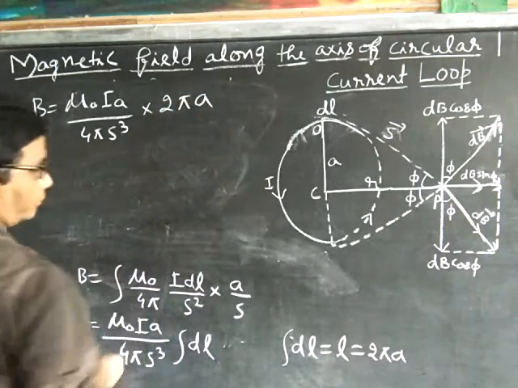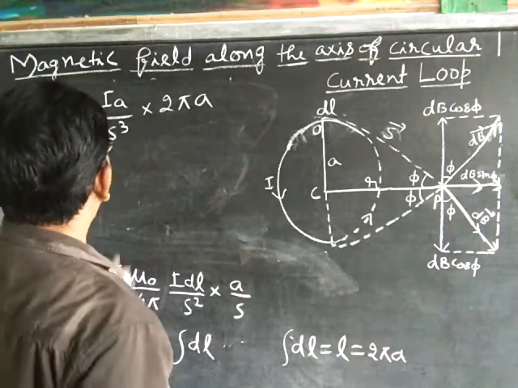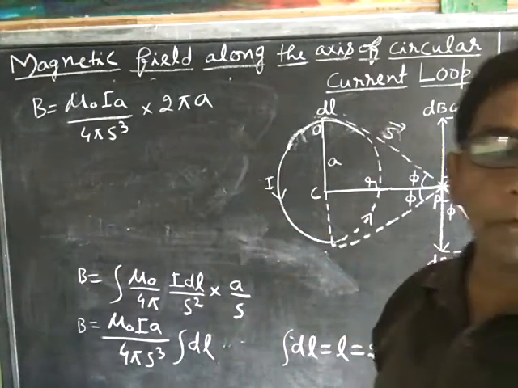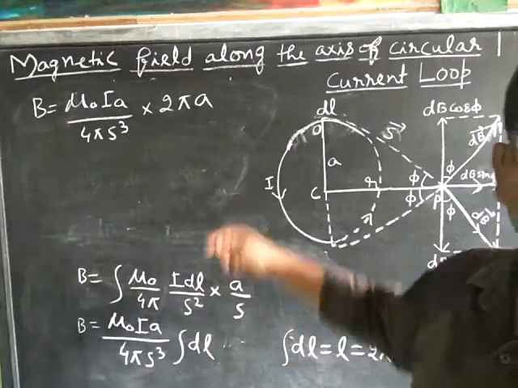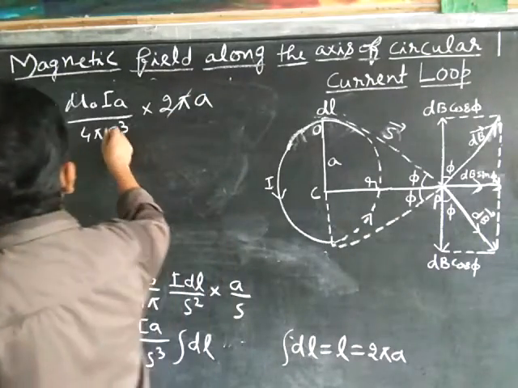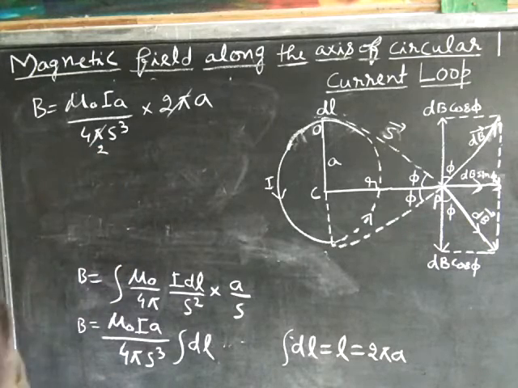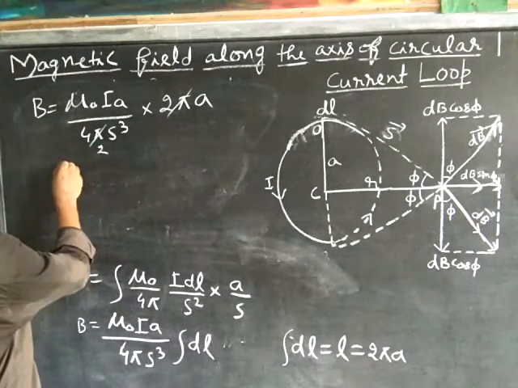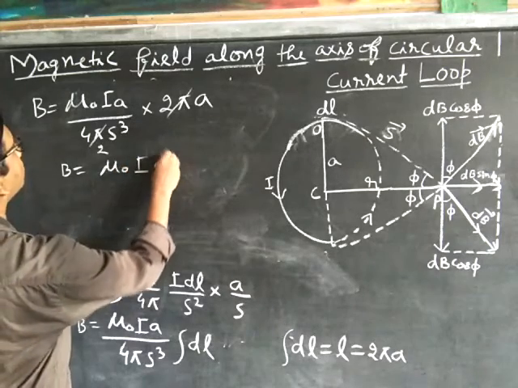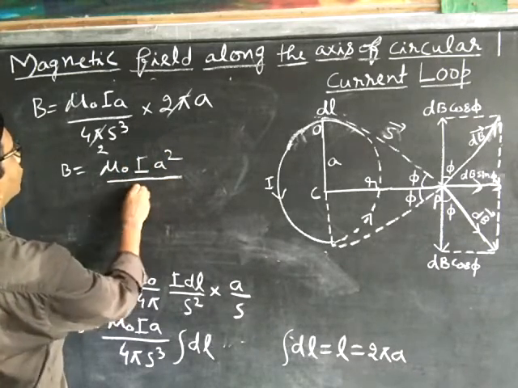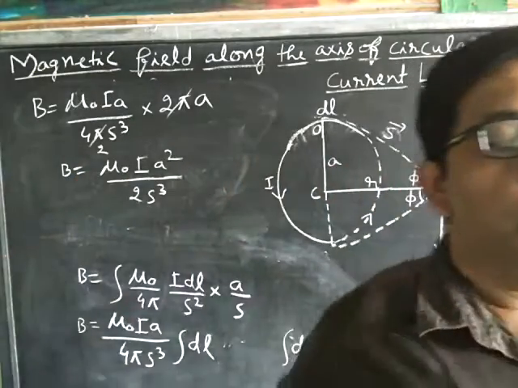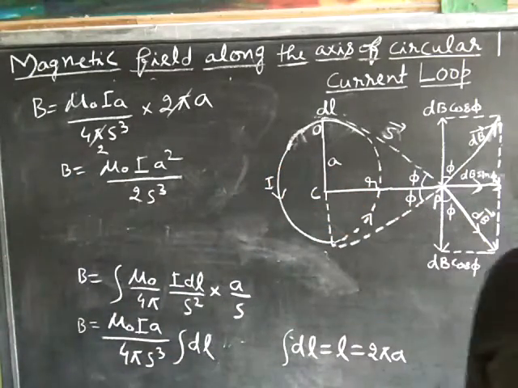Now in mu 0 I A upon 4 pi S cube into 2 pi A, we cancel 2 pi into 2 times. Then it becomes B is equal to mu 0 I A square upon 2 S cube.